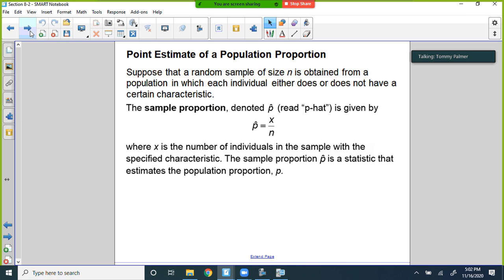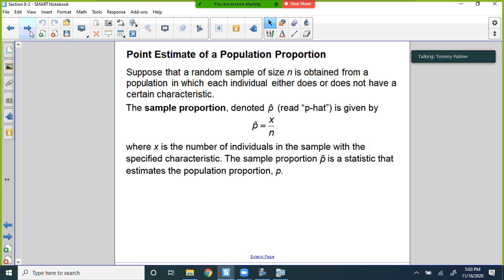So how many you have over the number that you have. The n is the sample size, where x is the number of individuals in the sample with a specified characteristic. So the sample proportion p hat is a statistic that estimates the population proportion.